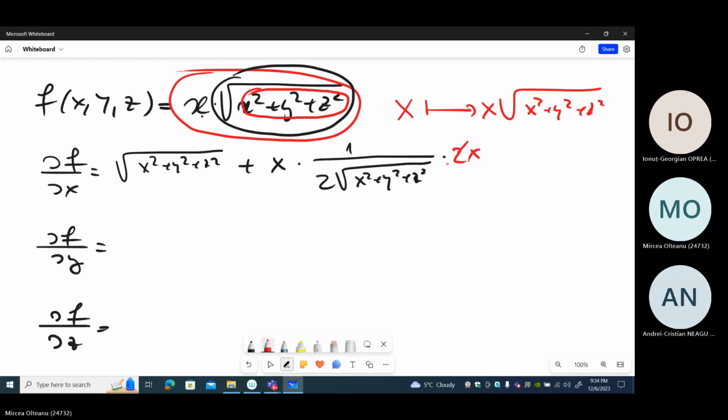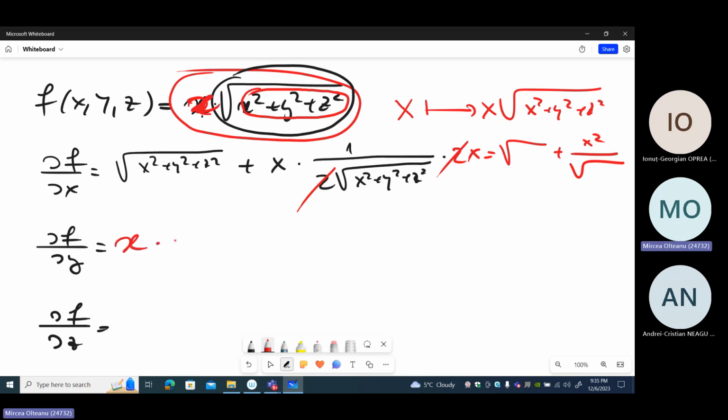So we've got the result. Of course, we must put it in a simpler form as usual, but this is very simple. It will be the root plus x squared over the root. Now, the derivative with respect to y. x is a constant here in front, so it goes out.